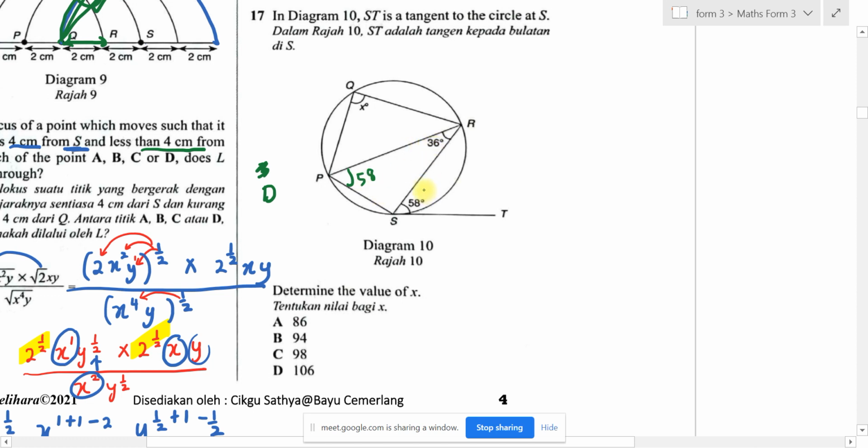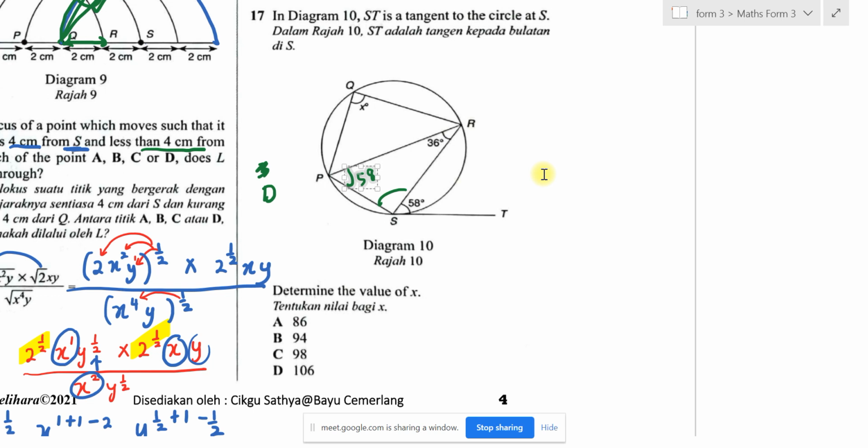So 94 here. So what will be here? Oh, the whole thing should be 58. Anyone getting the answer for this?